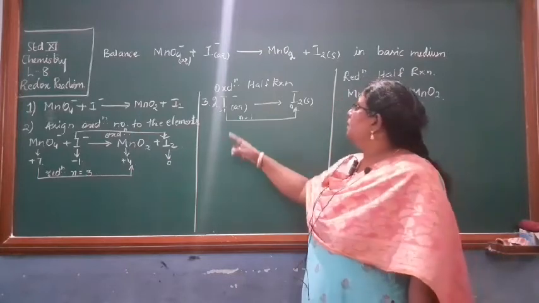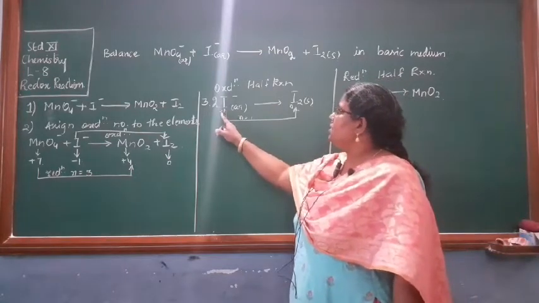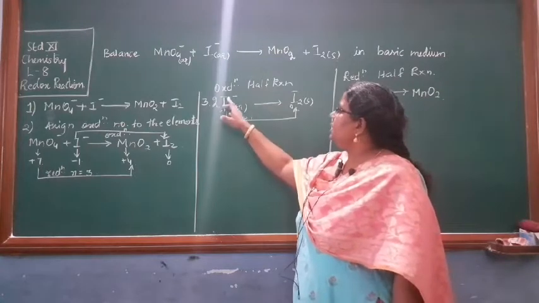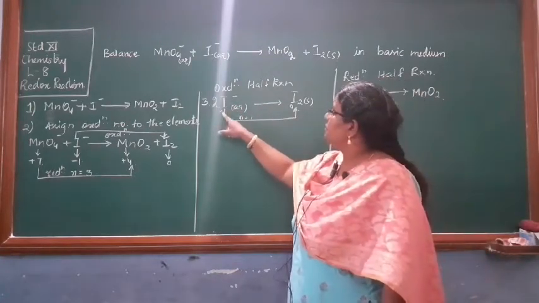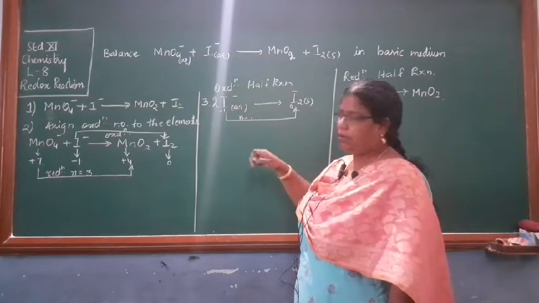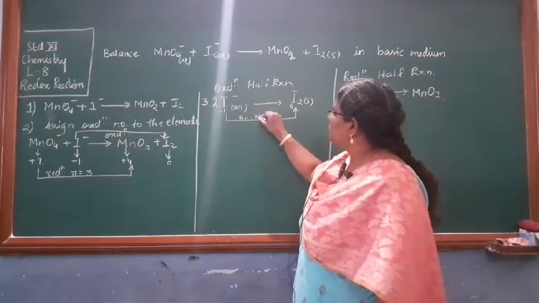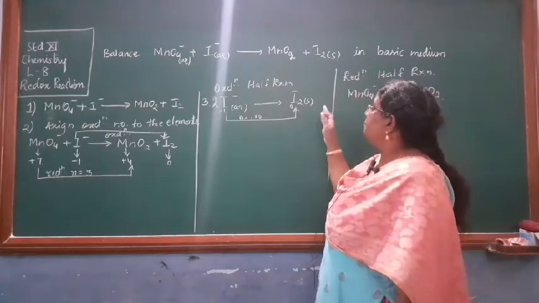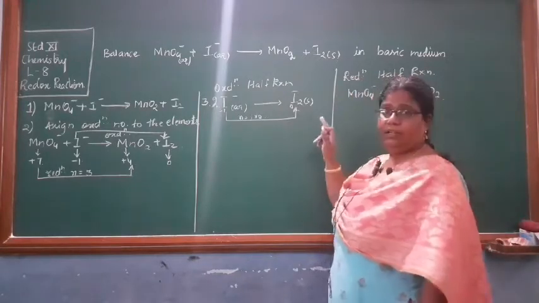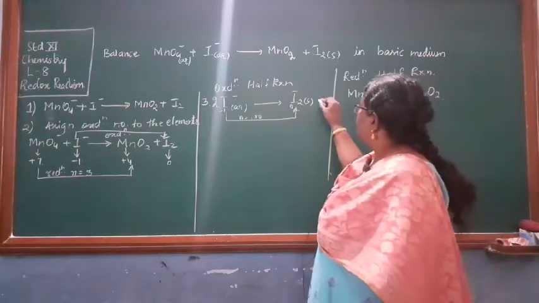Followed everyone? Now you see, this charge of minus 1 is for whom? It is for 1 I minus. So the charge for 2 ions will be equal to 2. Okay? And what should be the number of electrons added here? It should be 2 electrons.